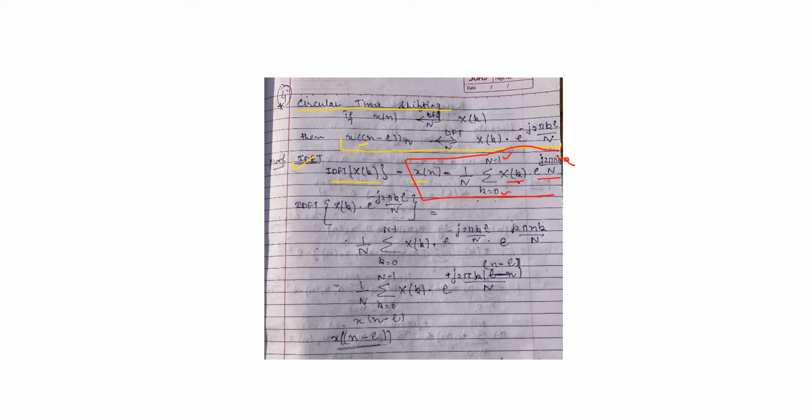So we have to find the inverse DFT of x of k into e raised to power minus j 2 pi l k upon N.